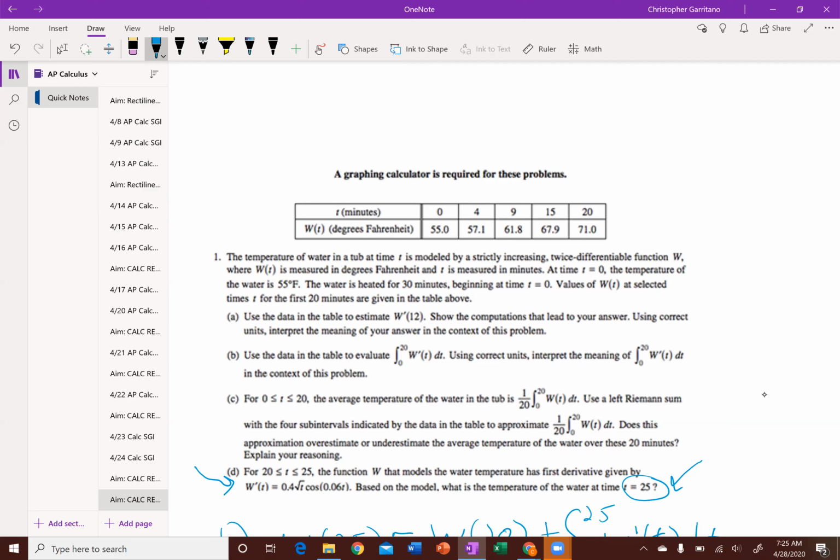You're given the rate of change of water from t equals 20 to t equals 25. And you also have other information that tells you the amount of water at t equals 20.